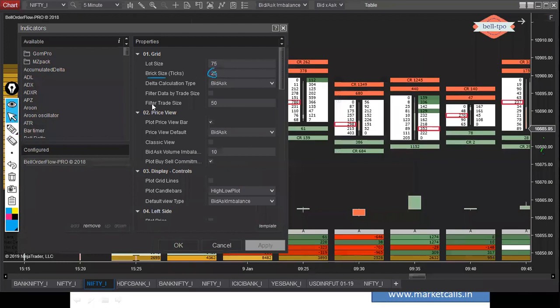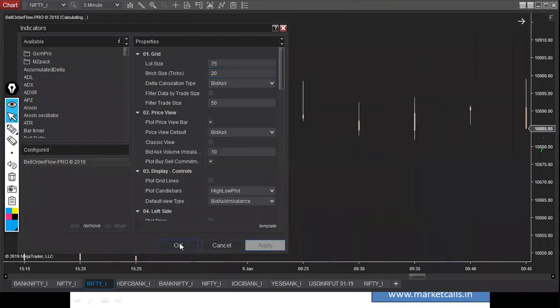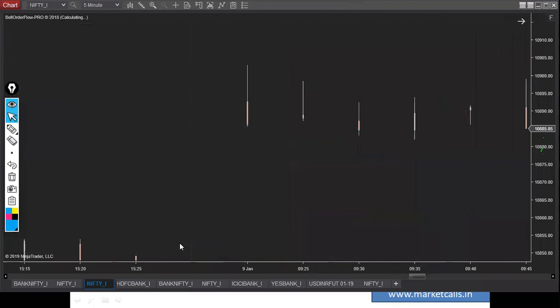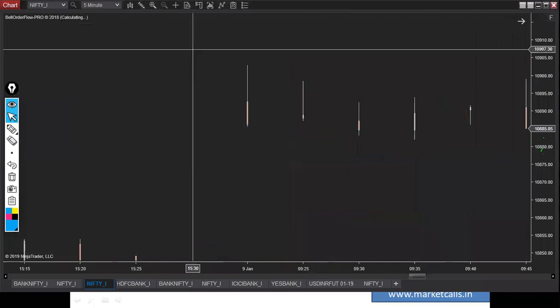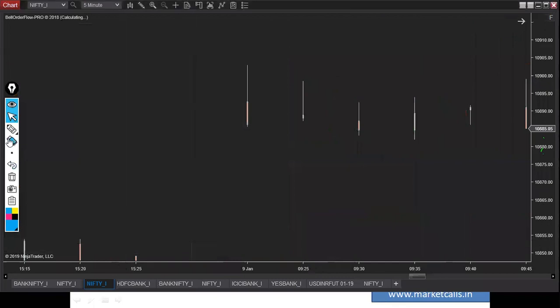I prefer using 20 generally. By default, if you apply 25, that will come in, but I'll be using 20 mostly. Whenever you're applying, it takes a little bit of time. It is calculating, and in a couple of seconds you should be able to see the chart once you apply it.